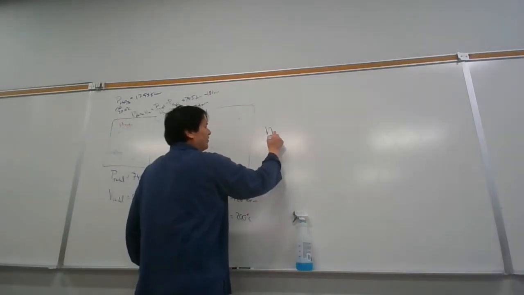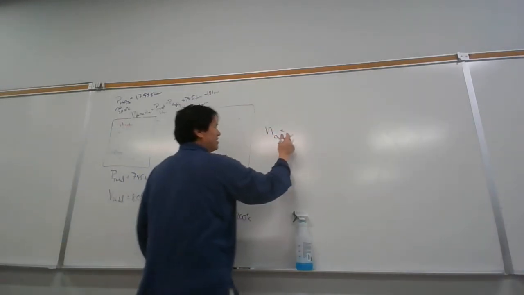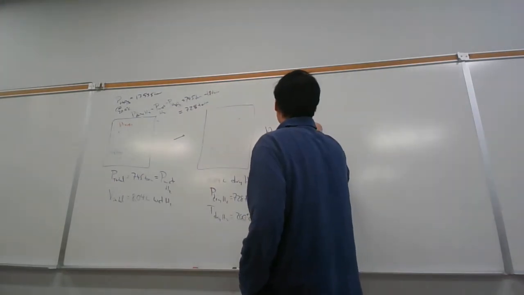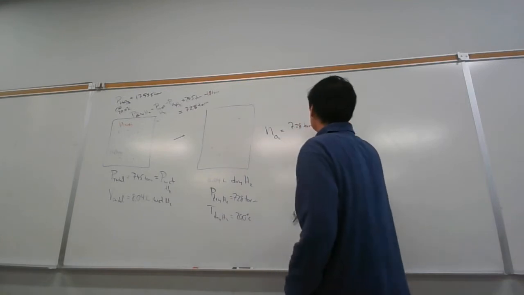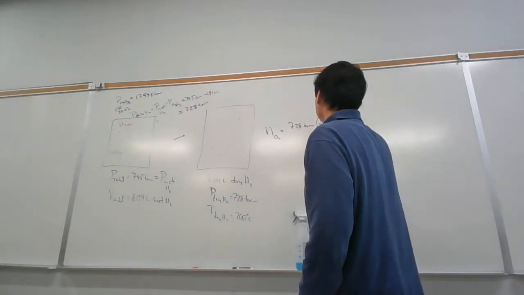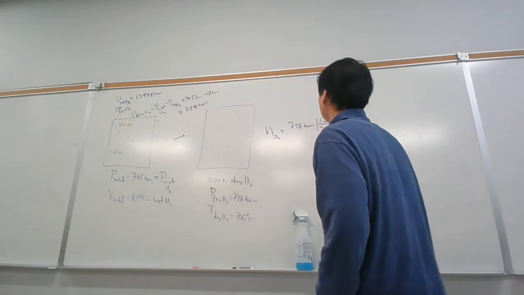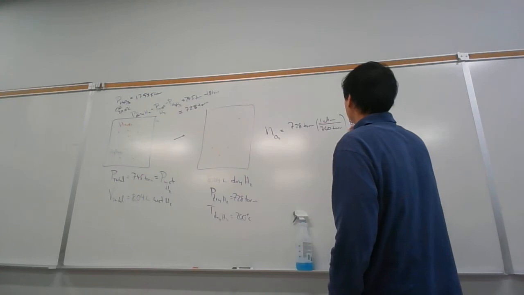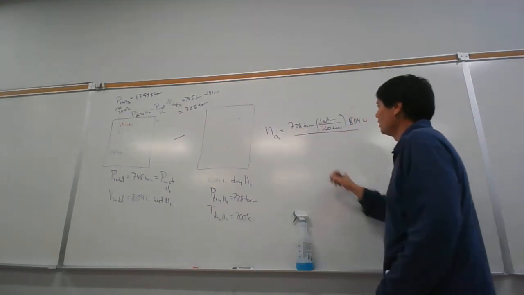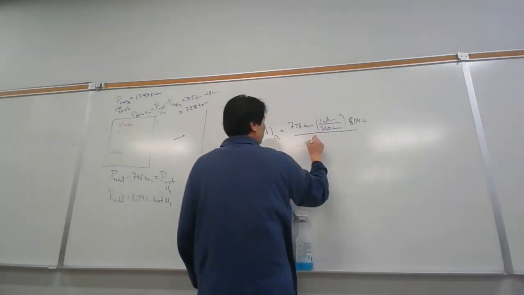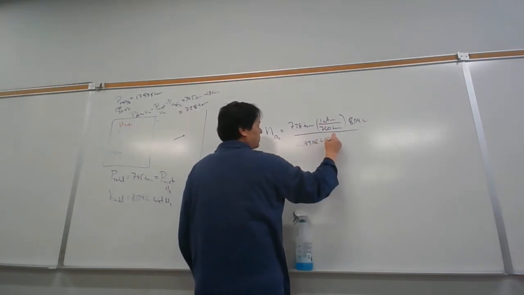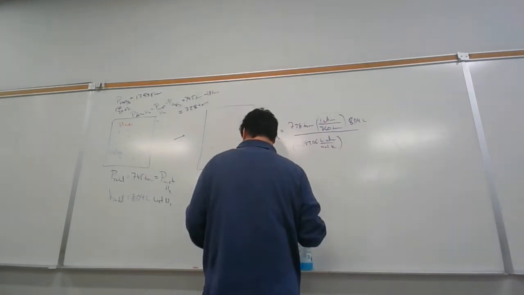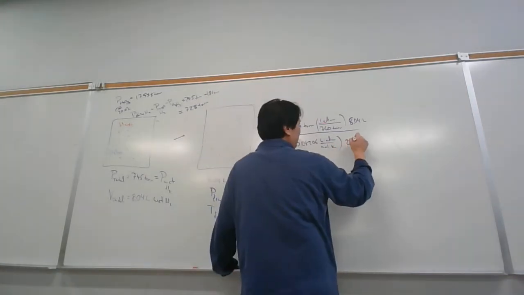So the number of moles is equal to the pressure of the dry hydrogen, 728 torr. Convert that into atmospheres. 1 atmosphere is equivalent to 760 torr, times 8.04 liters, divided by R, 0.08206 liters atmosphere per mole Kelvin, times T, 293 Kelvin.